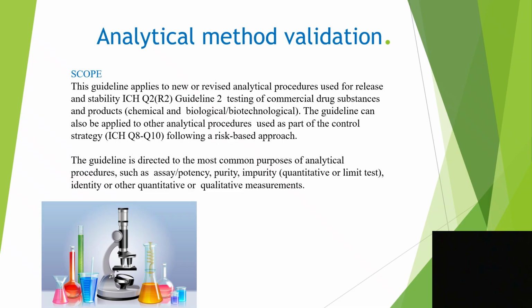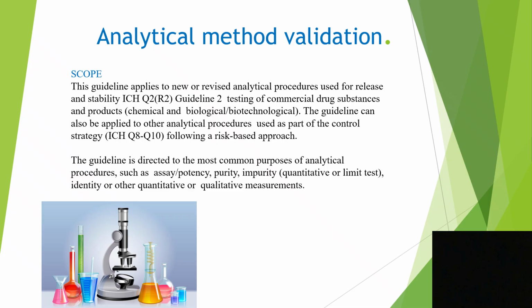The scope of this analytical method validation as per ICH Q2 R2 is that this guideline applies to new and revised analytical procedures used for release and stability testing of commercial drug substances and products, chemical and biological or biotechnological.